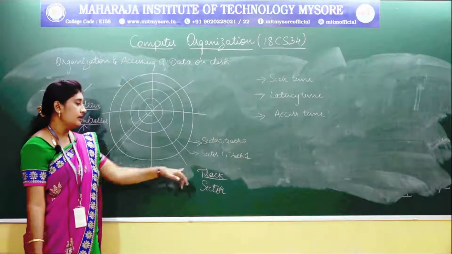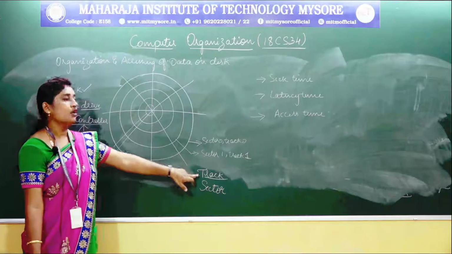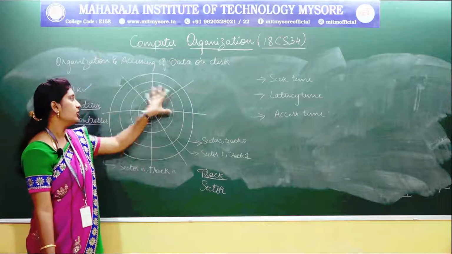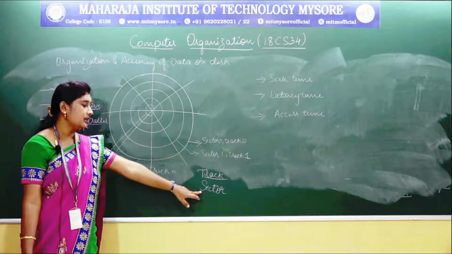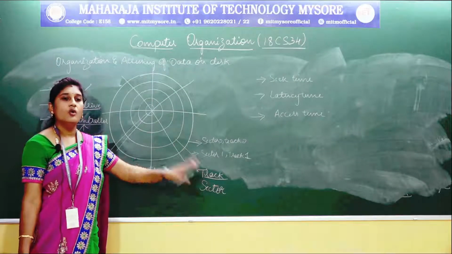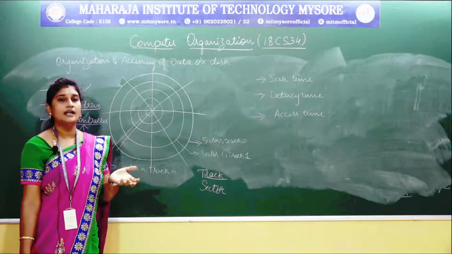Fine. So the concentric rings are called tracks, and the tracks are divided into different portions or sections, and those sections you will call sectors.